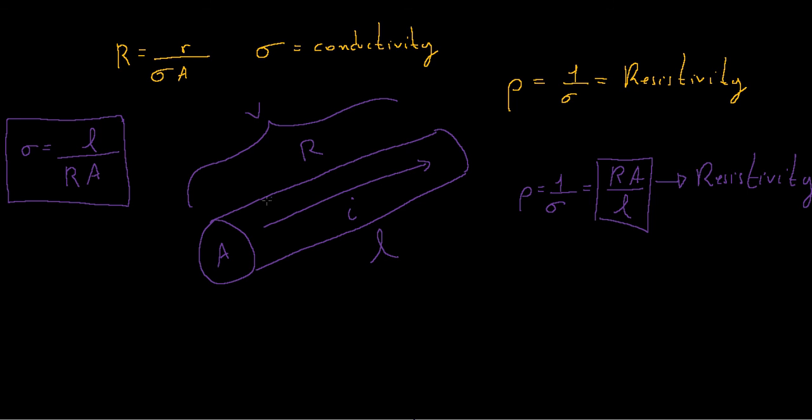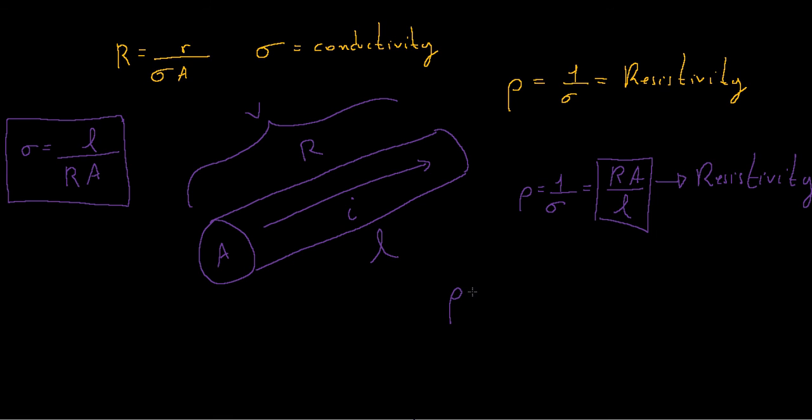And so we look at this conductor here. How does this resistivity make sense? Let's suppose that for a resistivity rho we have a certain resistance R, and we multiply that by the area and divide by the length. So this is what the resistivity means, the resistance times the area divided by the length.